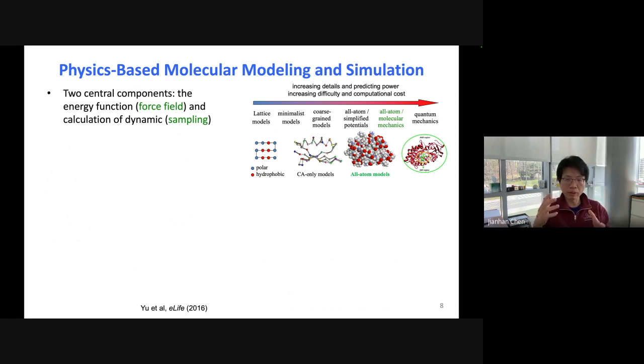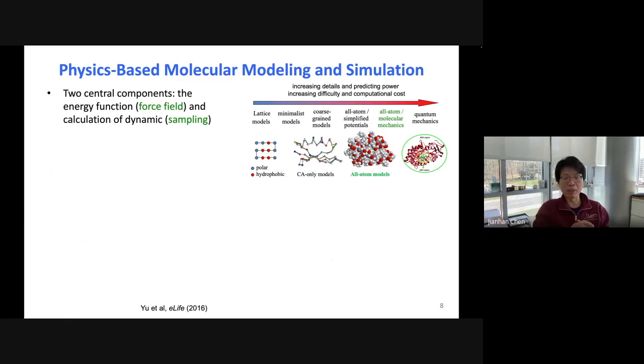If you think about the models that people have used, people have designed models at really different levels of resolution. In early days, people used the so-called lattice model, also called the HP model. This is really simplistic.